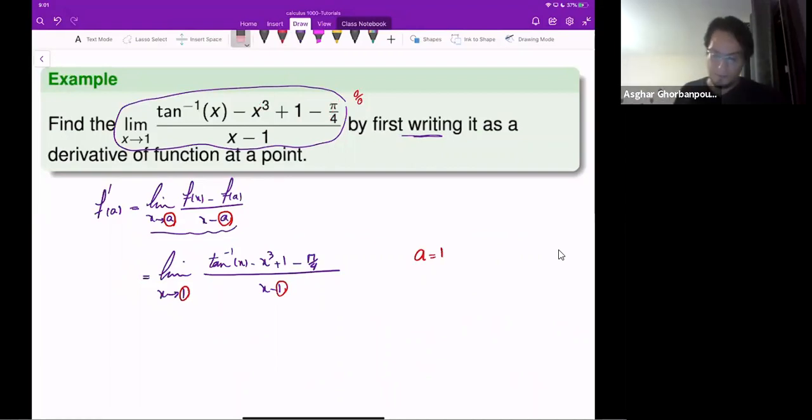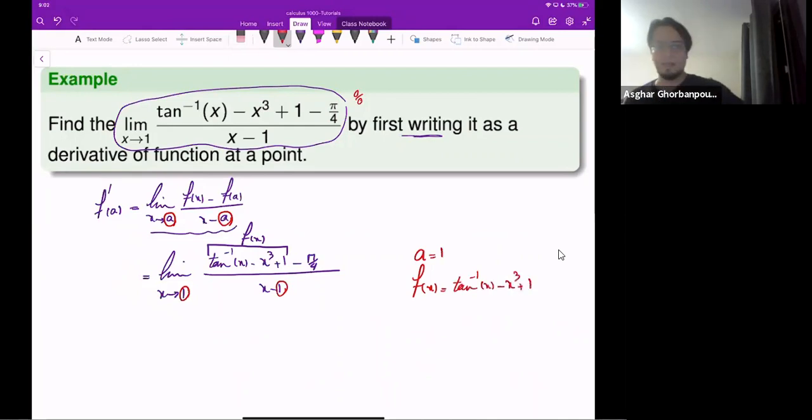So now you can take several different functions for this. I would like to take this guy to be my function. So I am saying that f of x I can take to be tan inverse of x minus x cubed plus 1. Then I should check what is f of a.